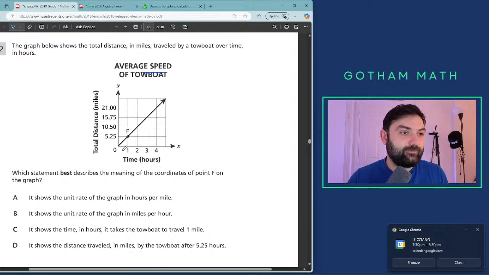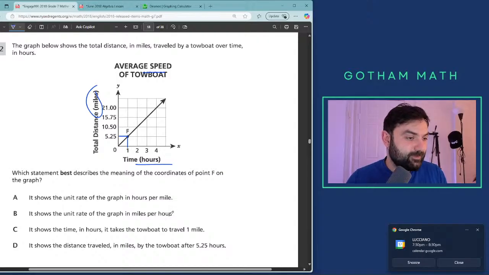Okay, so point F, well, in 1 hour, it went 5.25 miles. It says hours. It is a 1, right? So it's connecting 1 and 5.25 miles, right? So it shows the unit rate of the graph in hours per mile. It shows the unit rate of the graph in miles per hour.